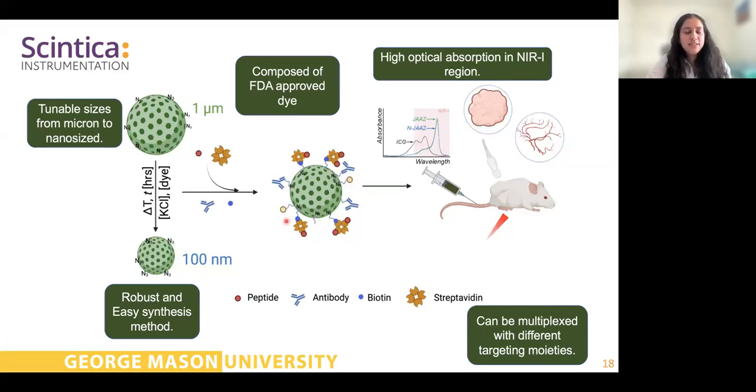It also has clinical translation potential since it is composed of an FDA-approved dye, which is ICG, and has a strong optical absorption in the near-infrared range at 895 nanometer, and has multiplexing properties wherein you can attach different targeting moieties, making it a designer contrast agent.